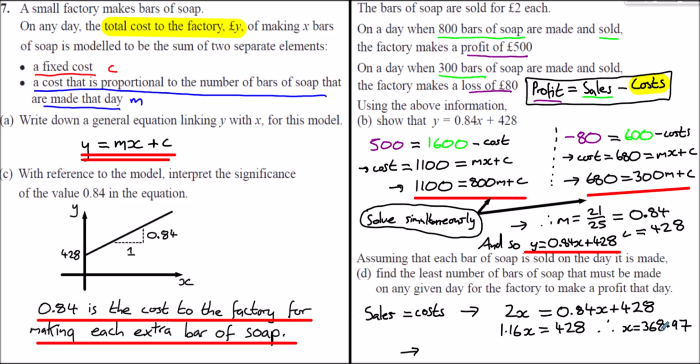So with 368 bars, you'd be making a slight loss. If I rounded this up to 369, it'd be a profit of literally maybe a couple of pence. So I need to round this up, not just because it's 0.5 or higher, but because we need a profit. Therefore, we need 369 bars to be sold.